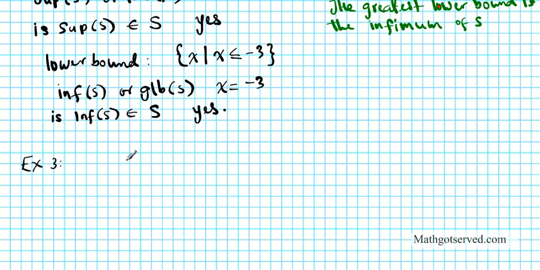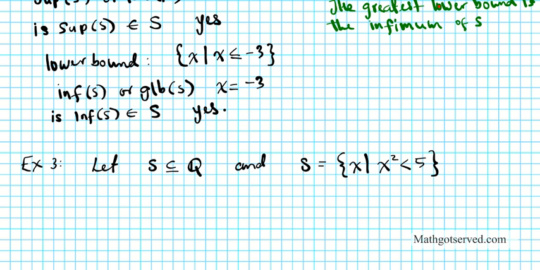Let S be a subset of the rationals, and S be defined by x such that x squared is less than 5.